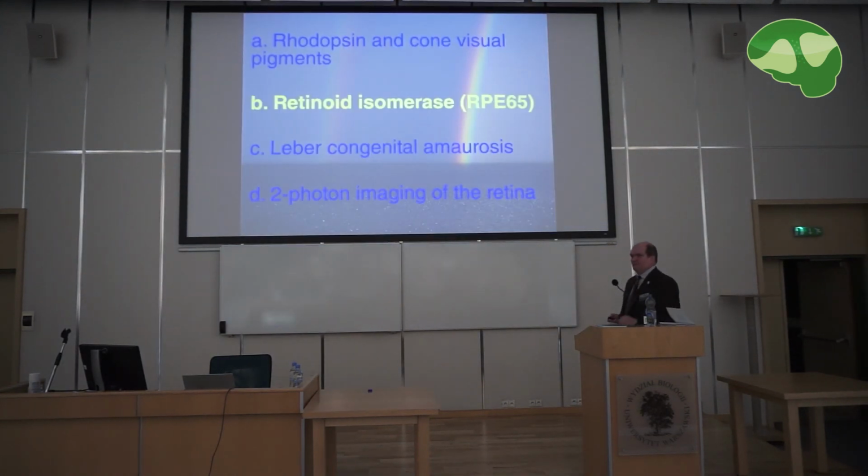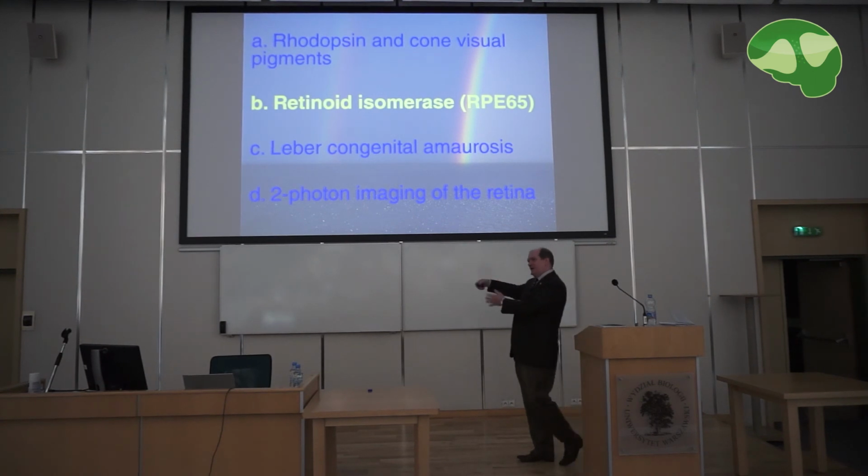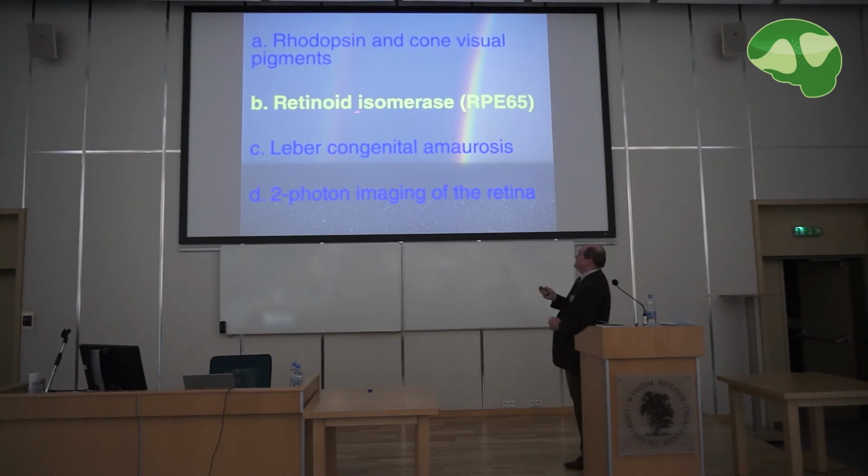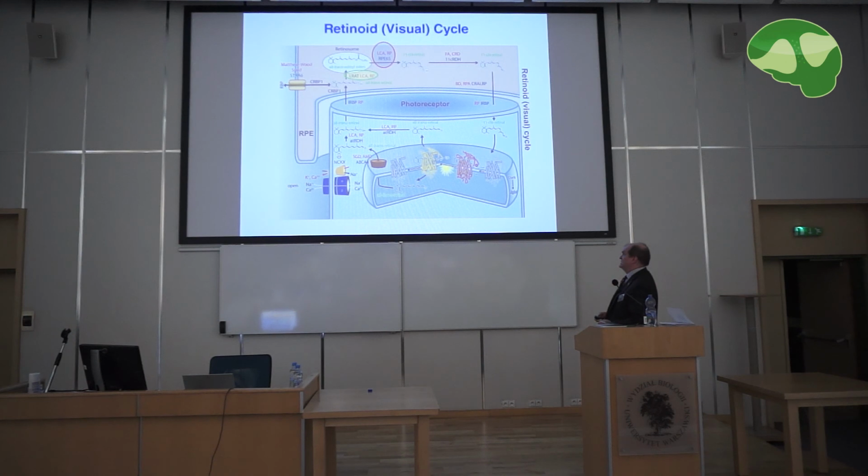Now I will change gear to another step in vision, which is regeneration. On the right side, you remember Kühne's experiment when he took the retina and then it got red again? That's the regeneration and retinoid isomerase. So here we have the molecular map of events as it happens in the outer segment and RPE.